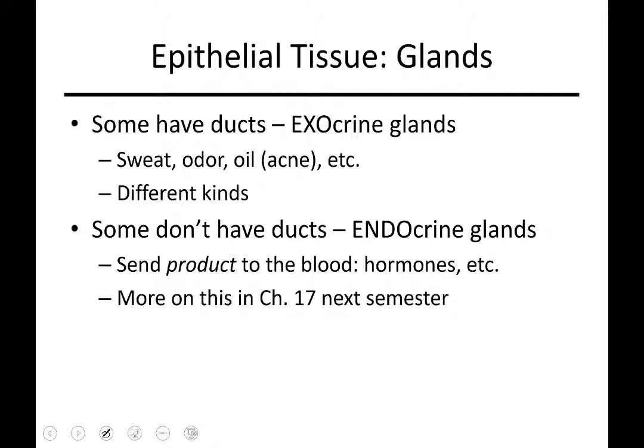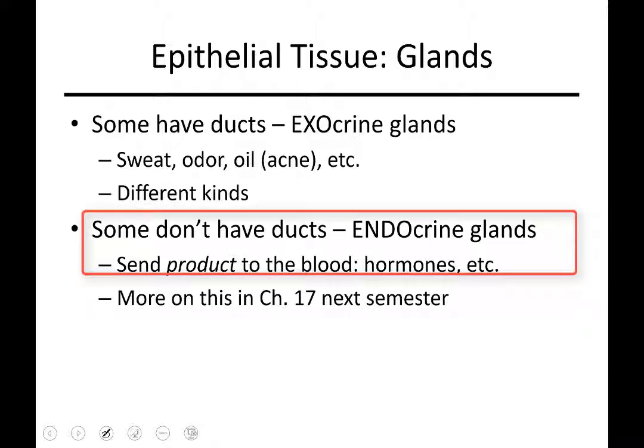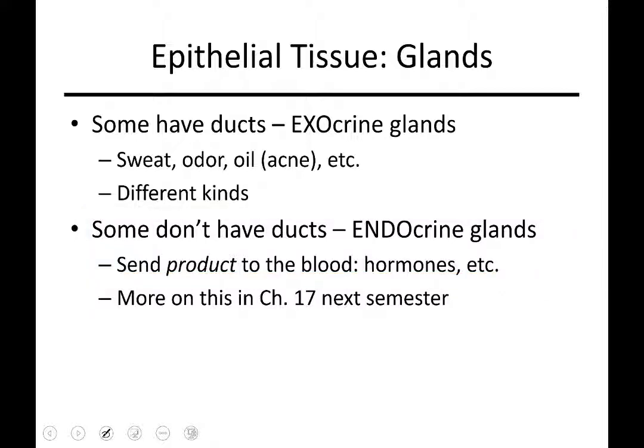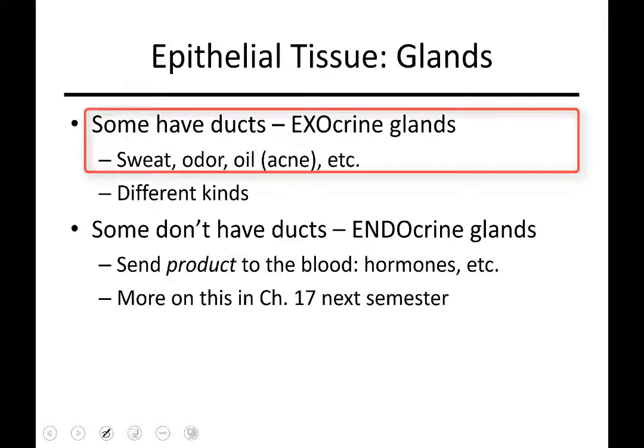The other thing I want you to know about glands is they could be endocrine, which means the tissue is going to release a substance, but it only goes in the blood. So it's just staying in your body. Or it can be exocrine, and there are differences here.